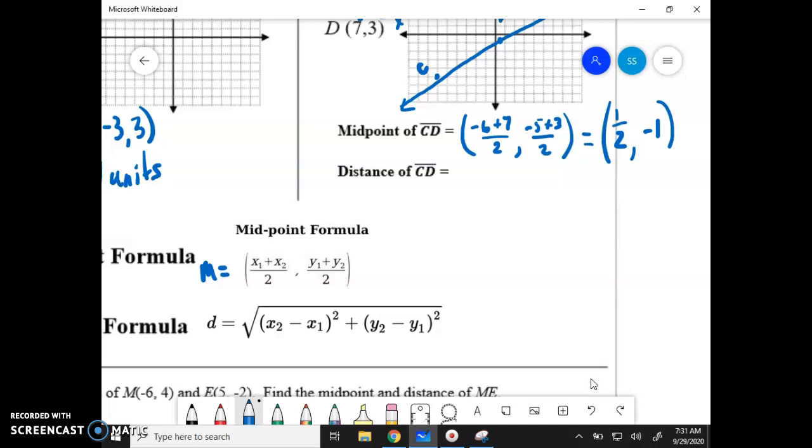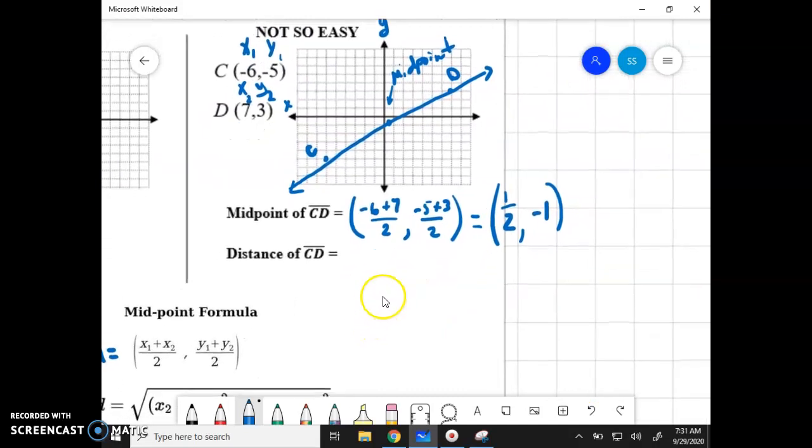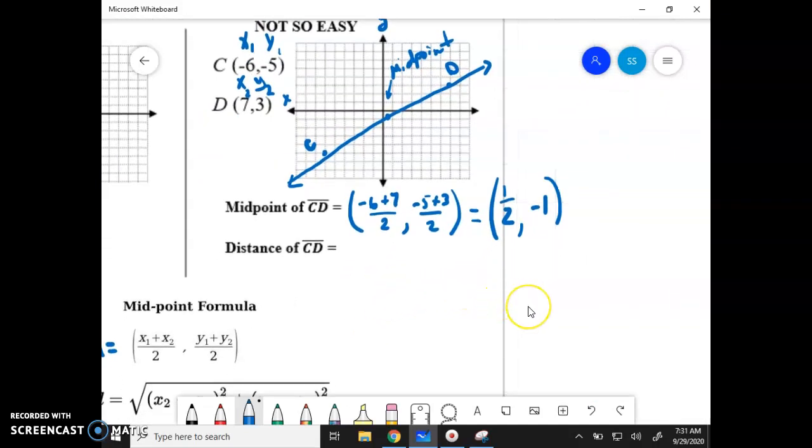Don't forget, we take the square root of everything after we solve underneath that square root bar. I'm going to erase this to give myself more room. If you haven't already copied this down, pause the video right now.